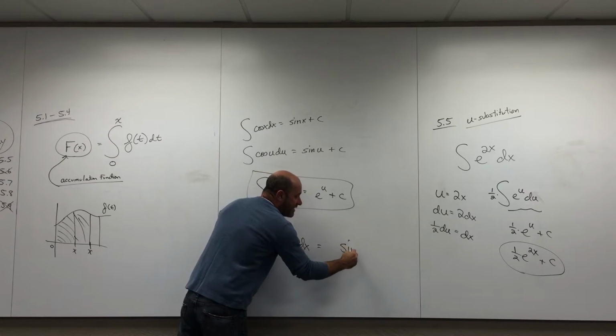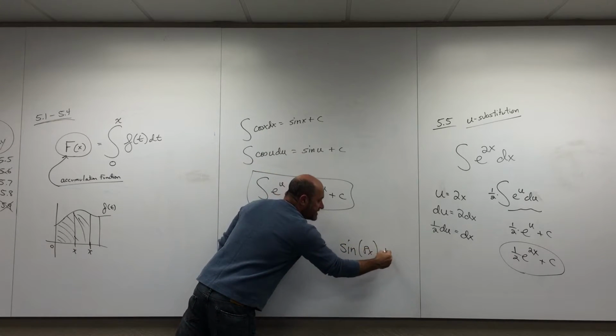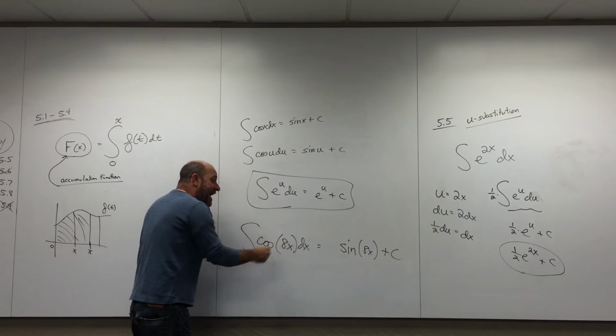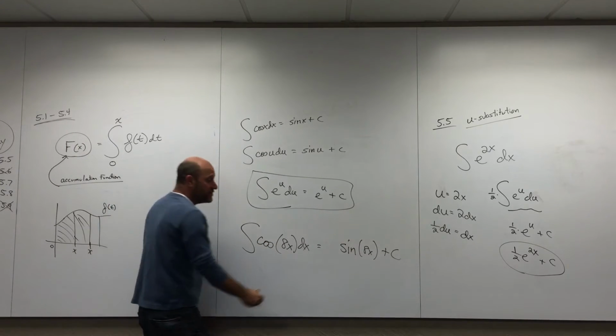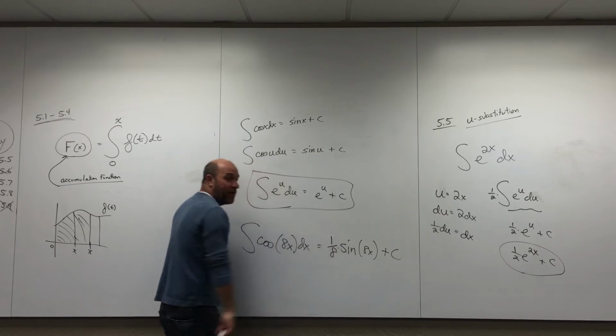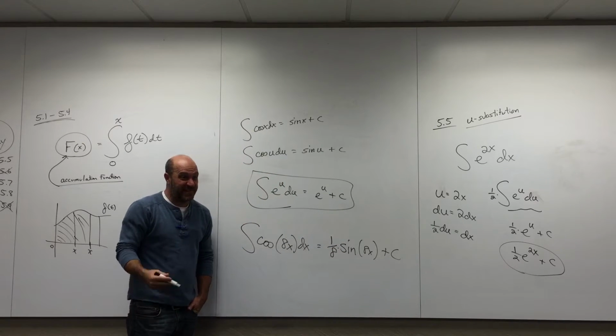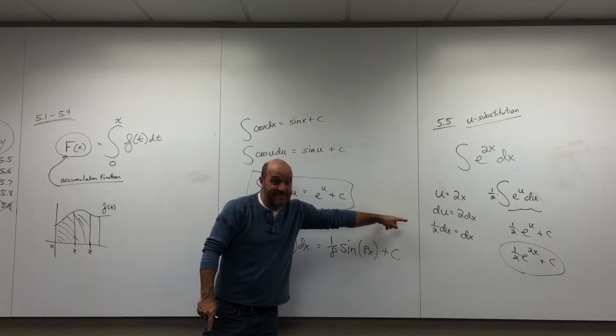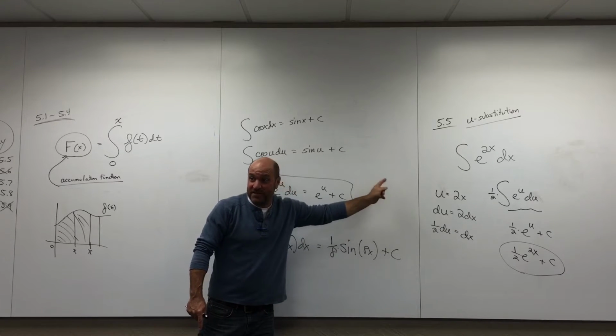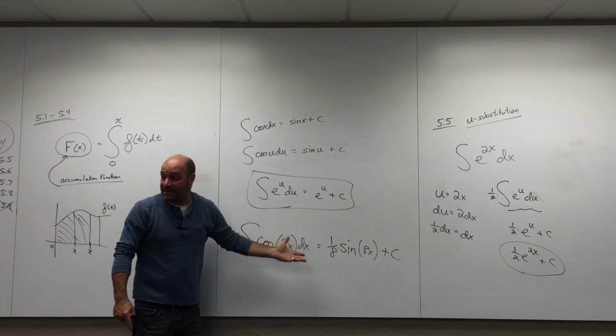Don't you get the sine of 8x plus c? But because of the 8x, it's going to spit out a 1/8. It sure will. And you can memorize it as a shortcut, but the truth is, I would like you to understand the process that leads you to that. Do these 3 steps here, and you'll see why that spits out a 1/8.